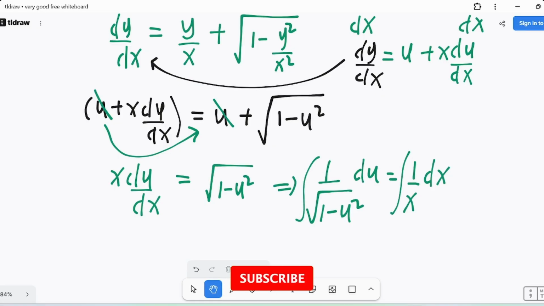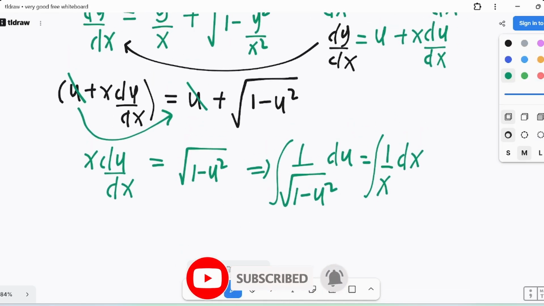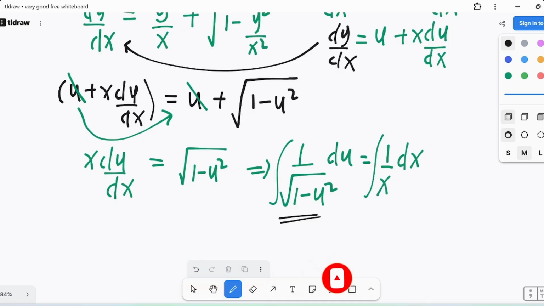Now when you clearly see this, this is sine substitution. So I'm going to link my video for those who have not yet watched my video about sine substitution. I'll put the link in the description.